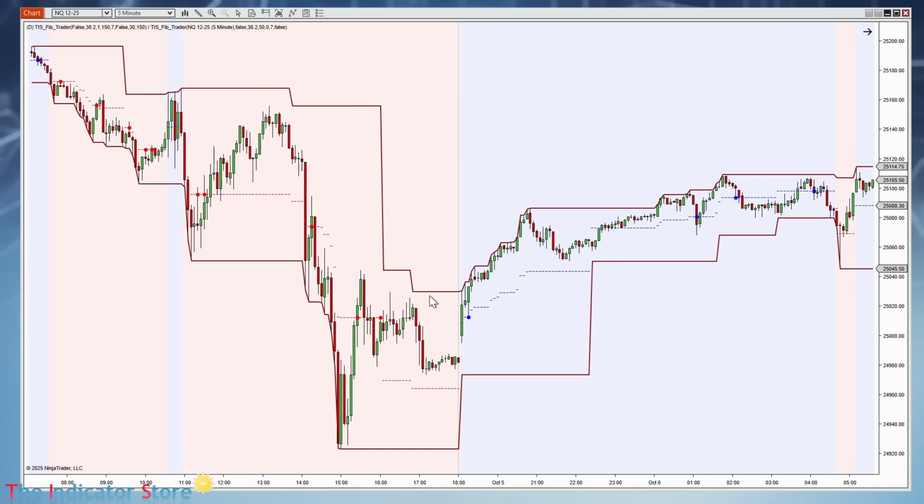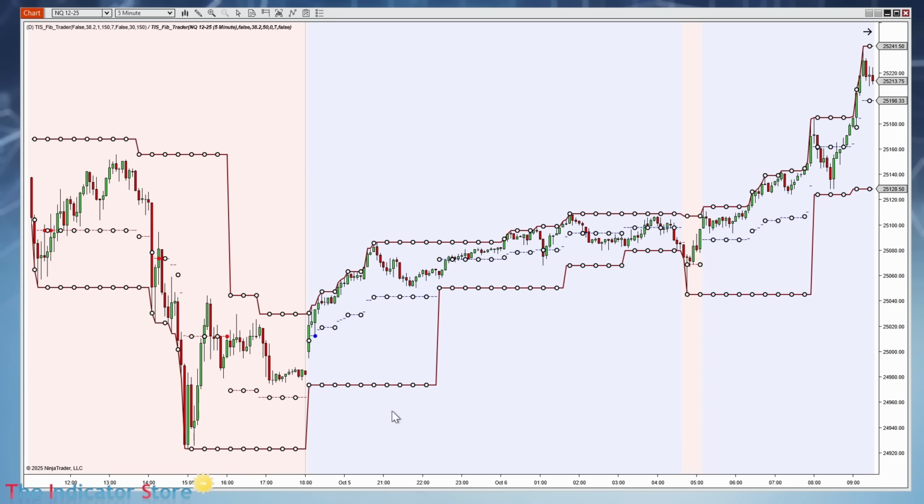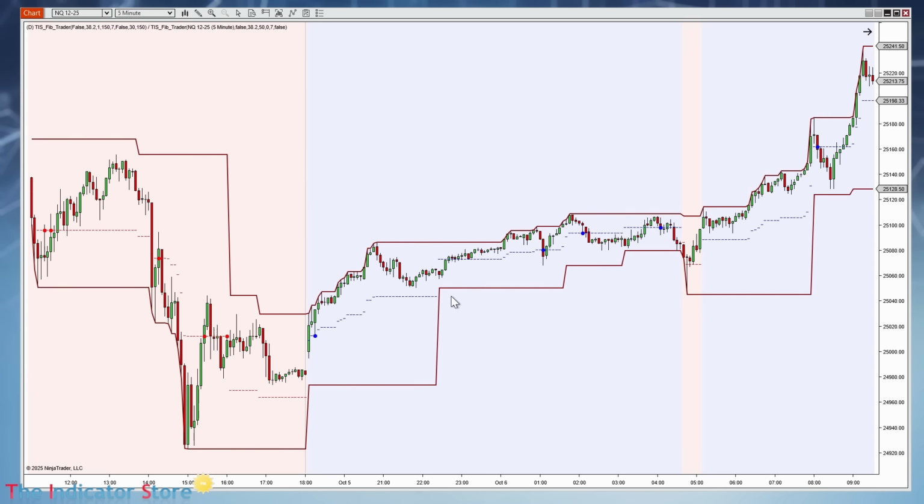Here we are, while the market is going up, the pivots are always going up, never down. You can see that here is a lower pivot, but no, we are always going up. When we change the trend, when we have a lower low. If we have higher lows, the market is going up. If we have lower highs, then the market is going down.